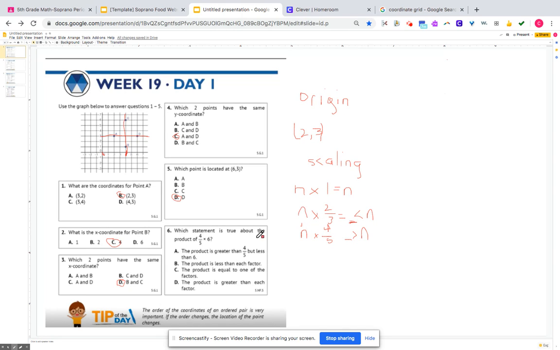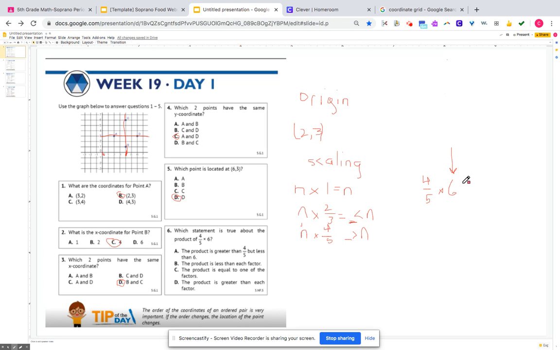All right, so let's look and see what's happening here. We're multiplying 4/5 times 6. So let's just think about that for a minute. I know that the value of the 6 is going to decrease. That's going to have a product that is less than 6.